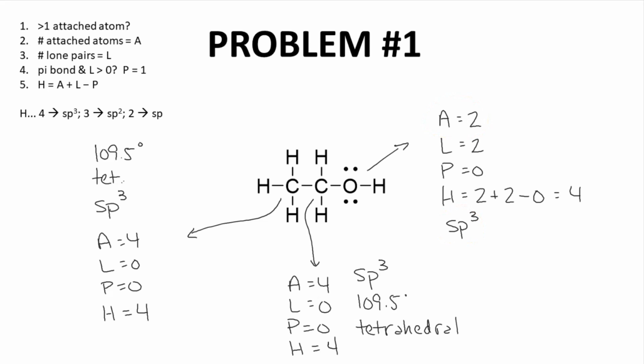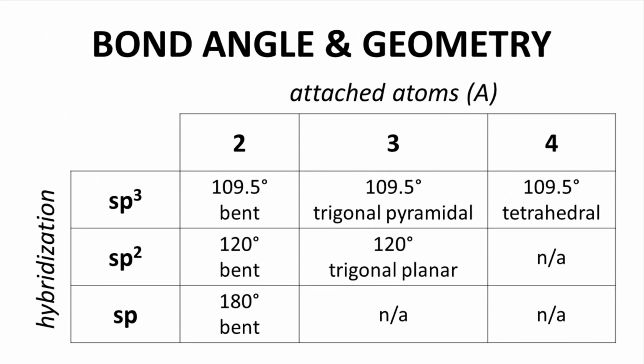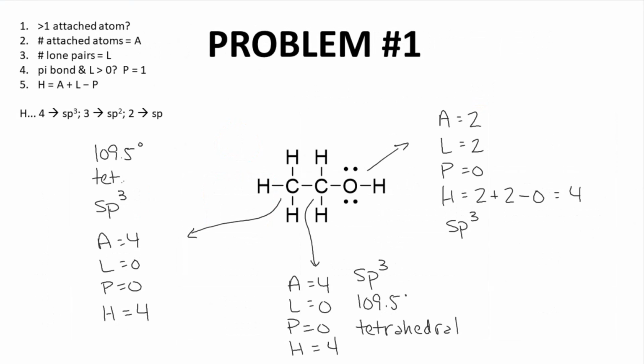Here we are on our table. We are sp3 hybridized. We have 2 attached atoms. The value for A is 2, so that means we're 109.5, kind of, and bent. So let's go back to our page. We are going to have a bond angle of 109.5, and this is bent.